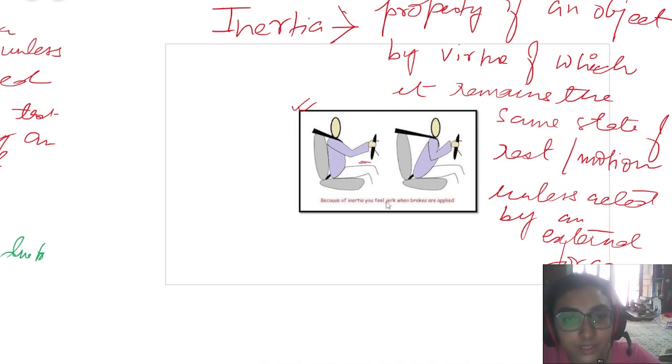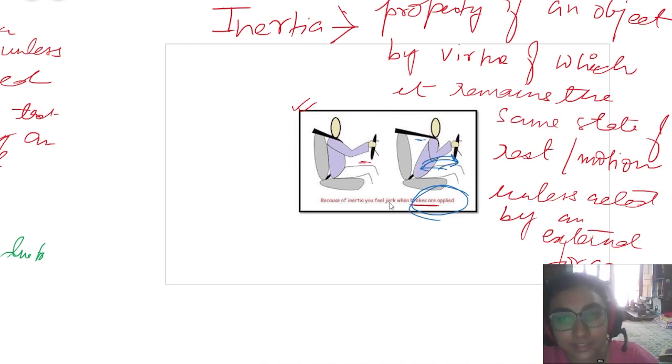Now suddenly, for some reason, you apply the brakes. As soon as you apply the brakes, your body moves forward, right? For a few seconds it moves forward, and then because of the belt you regain your position. But the first thing that happens when the brakes are applied is that you tend to fall forward.